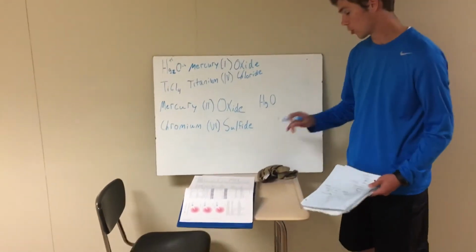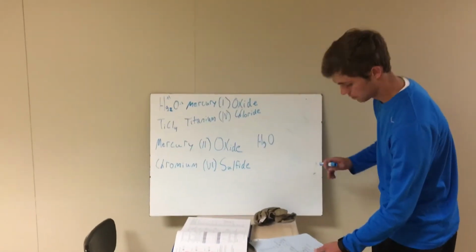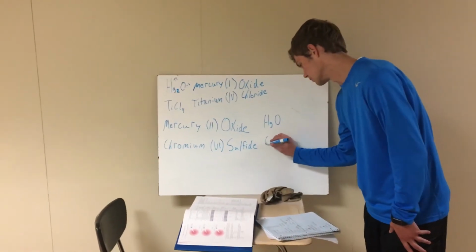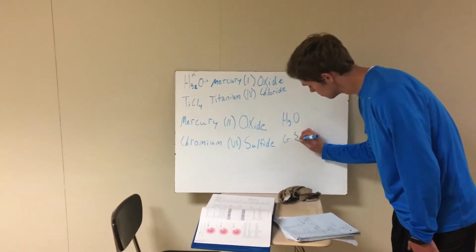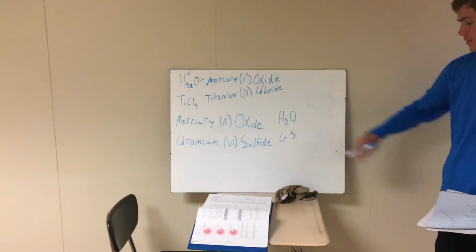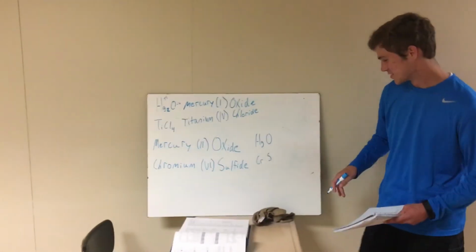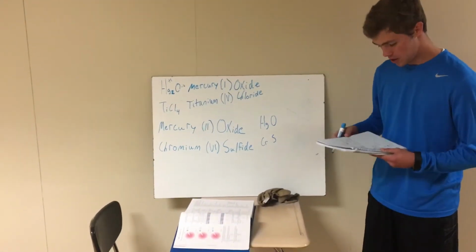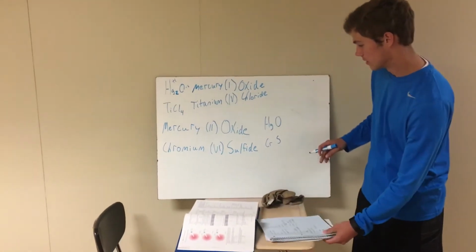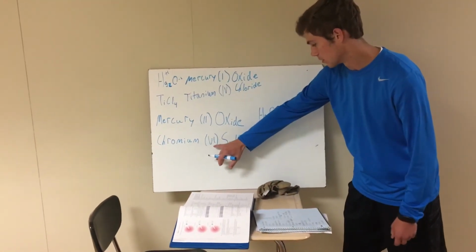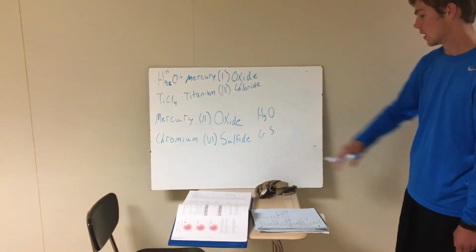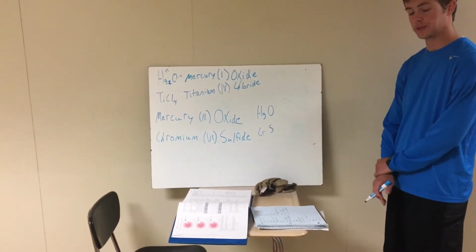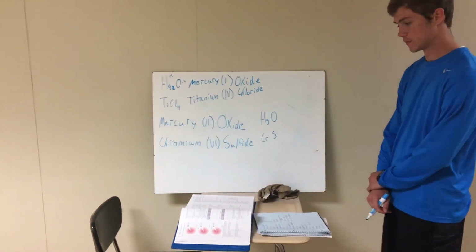All right, next one, chromium sulfide. Just like we did for the last one, I'm going to write out the symbols first. We know the chromium is going to have a charge of 6. And sulfide, looking at the periodic table, you can tell is -2.